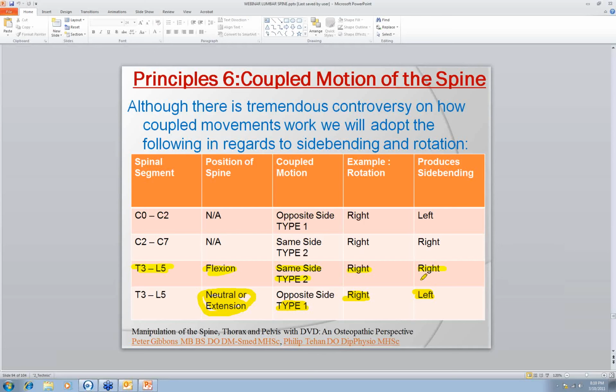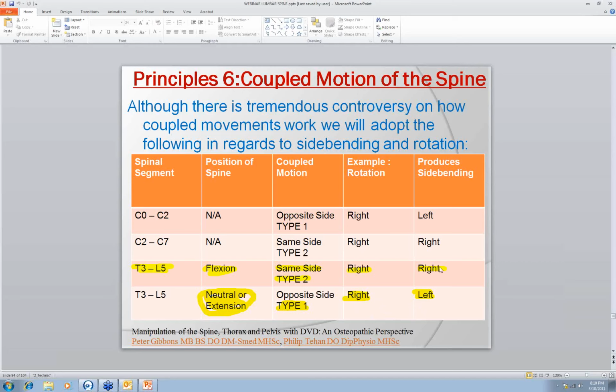So if I place a patient in extension and I want to produce a left side bending of the spine, all I have to do is rotate the spine to the right from an extended position.